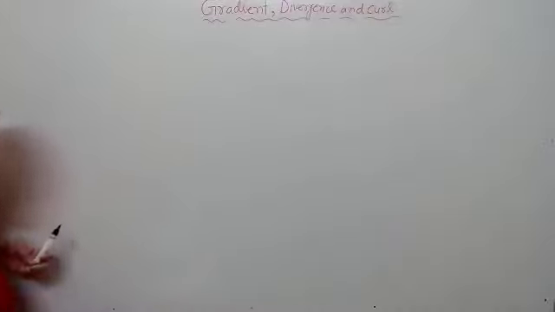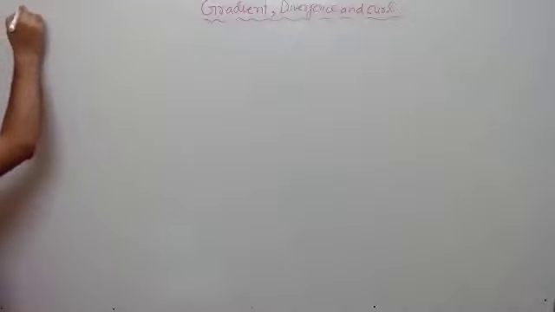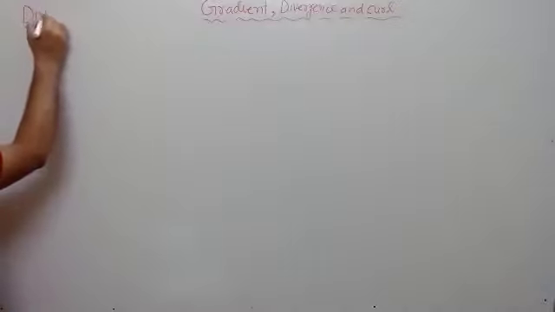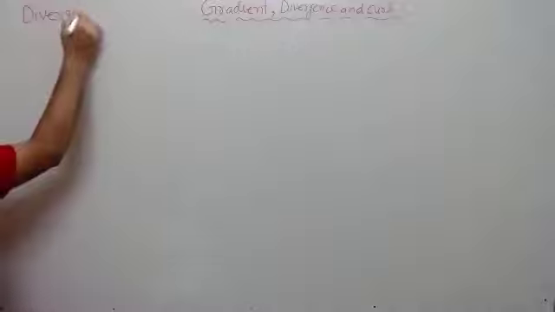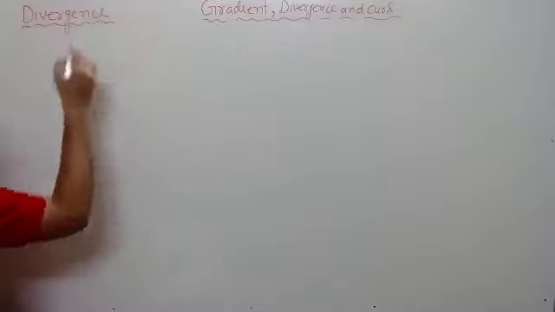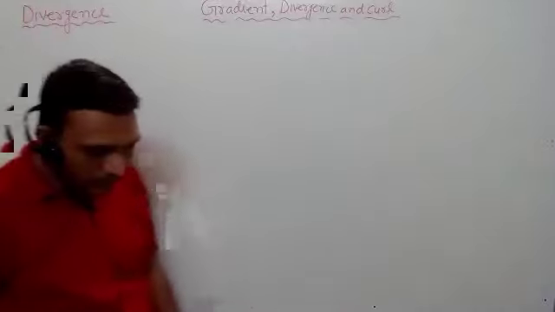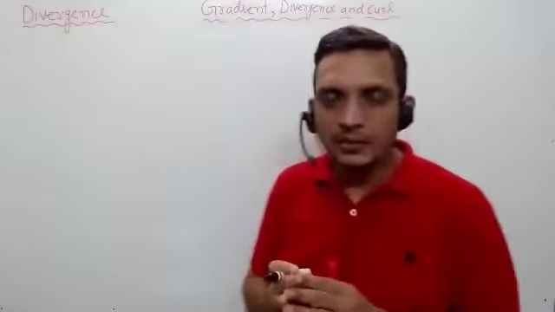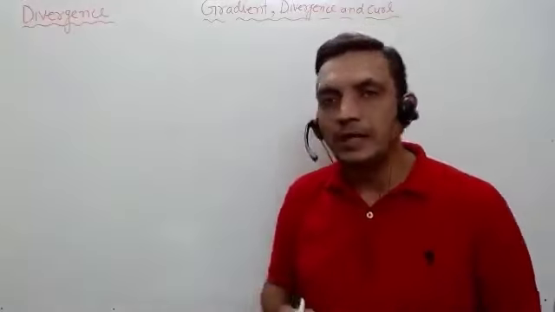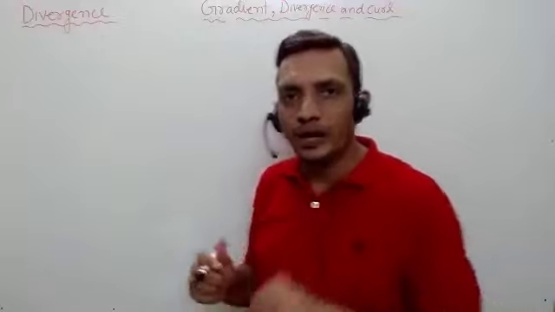So now we will see how to find divergence. Let us see divergence. Again, some vector field is given, and in that vector field, you have to find divergence around a given point.